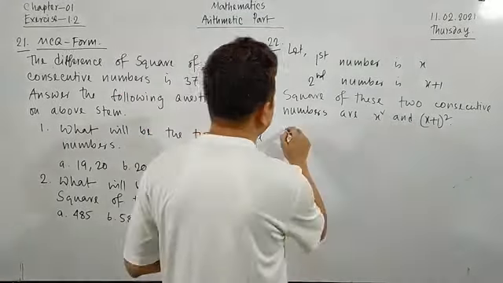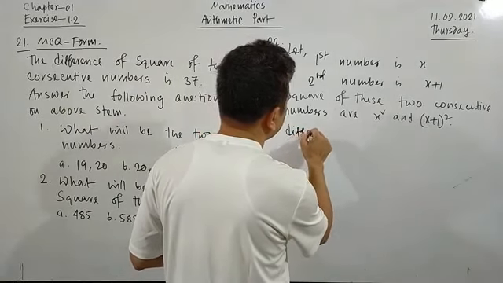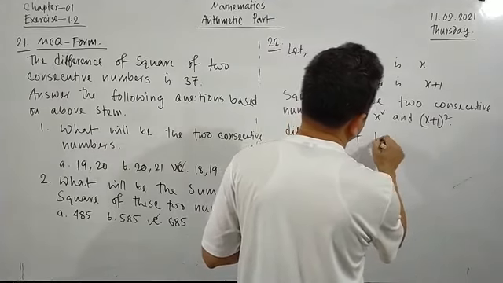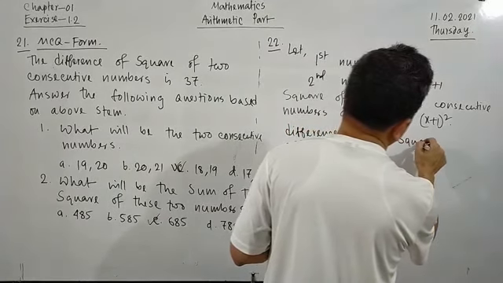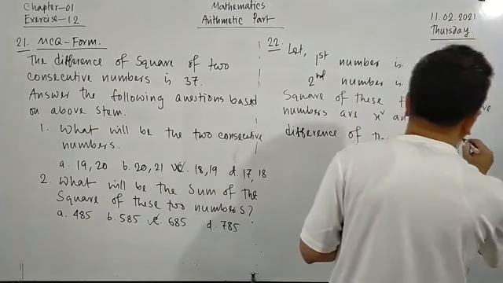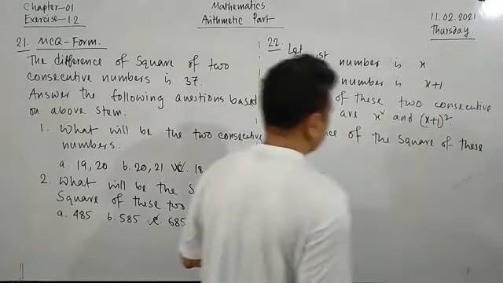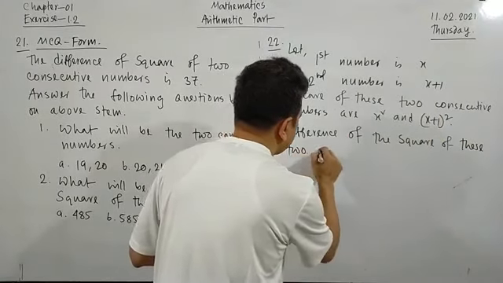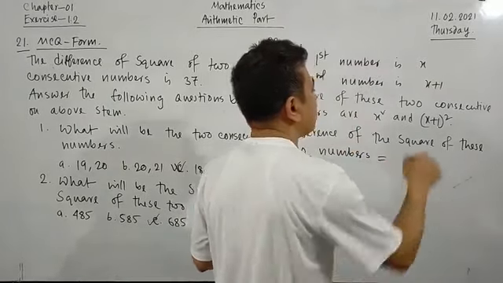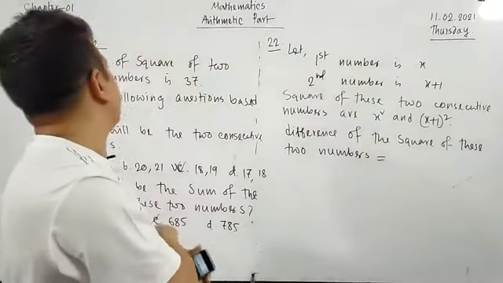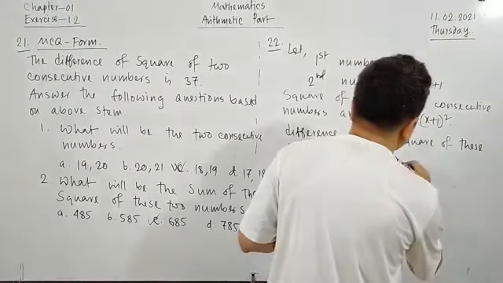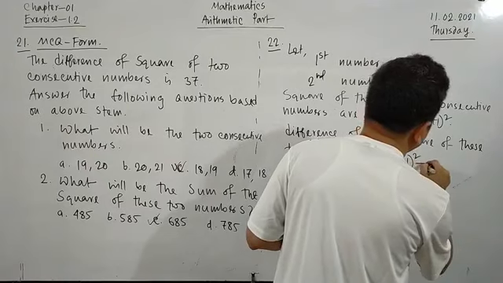So the difference of the squares of these two numbers equals, in the same way as in number 21, x plus 1 whole square minus x square.